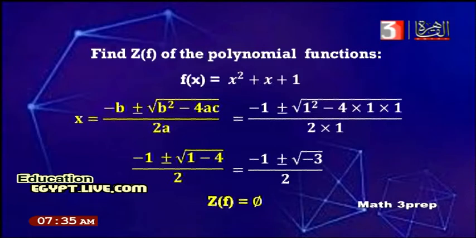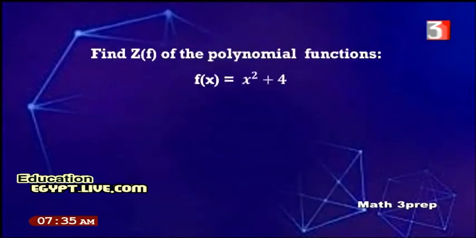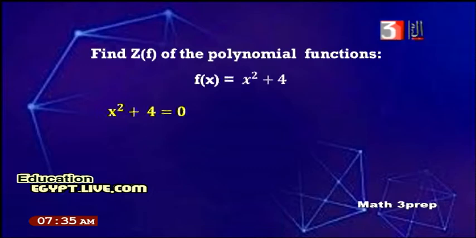Another example. Find the set of zeros of the polynomial function f of x equals x squared plus 4. Try to equate this function to 0. So x squared plus 4 equals 0. This cannot be factorized as it is a sum, not a difference between two squares.